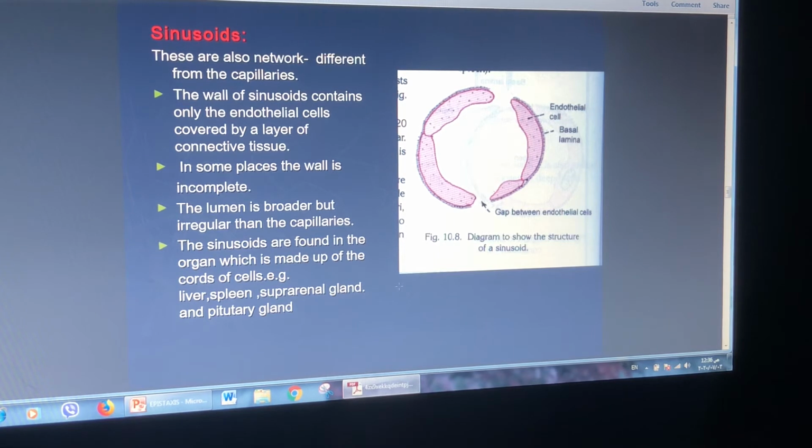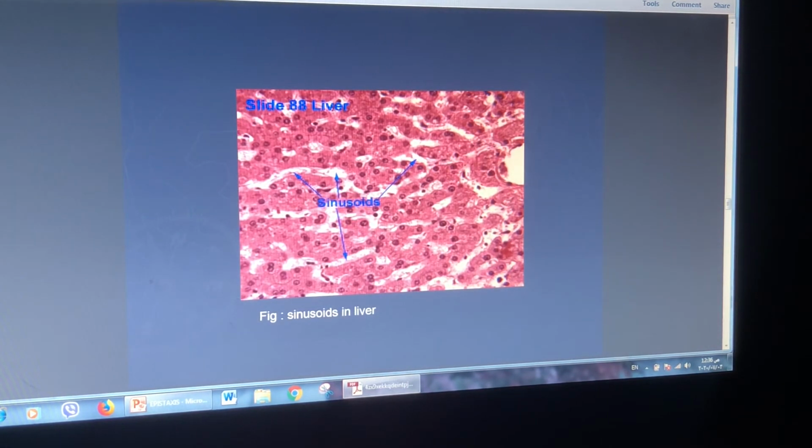The lumen is broader and more irregular than a capillary. Sinusoids are found in organs made up of cords of cells, like the liver, spleen, suprarenal gland, and pituitary gland. Now, this slide shows us the histologic sinusoid in the liver. This is the sinusoid in the liver.